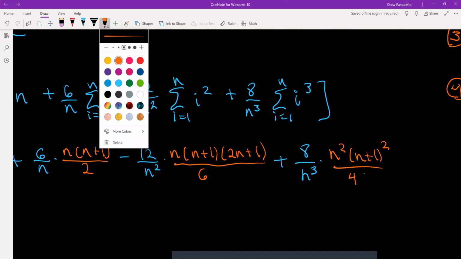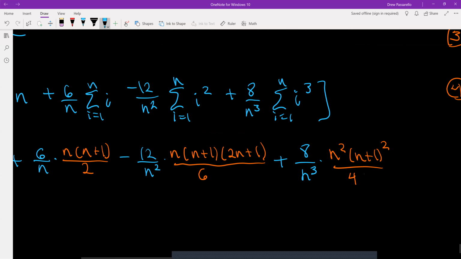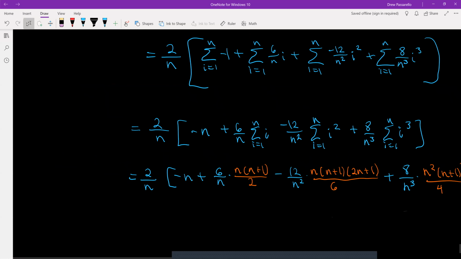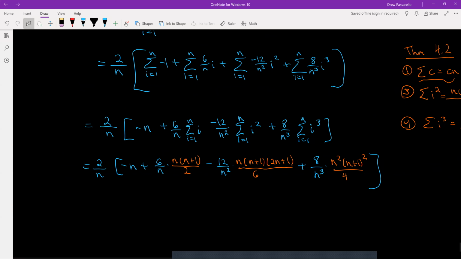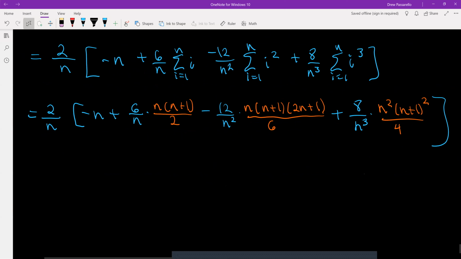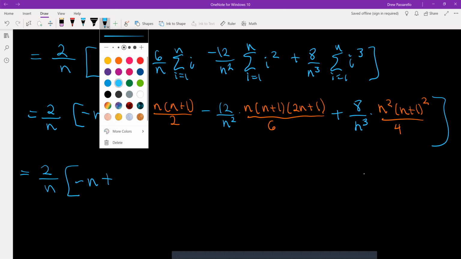All right, so now the summation signs are all gone and it's a matter of simplifying. And of course, I'm going to go in the brackets first. So I'll leave the 2 over n, and then -n, and then plus, and now I'll do some simplifying.